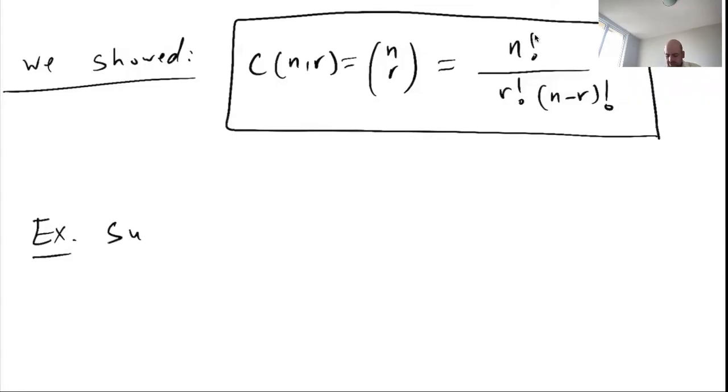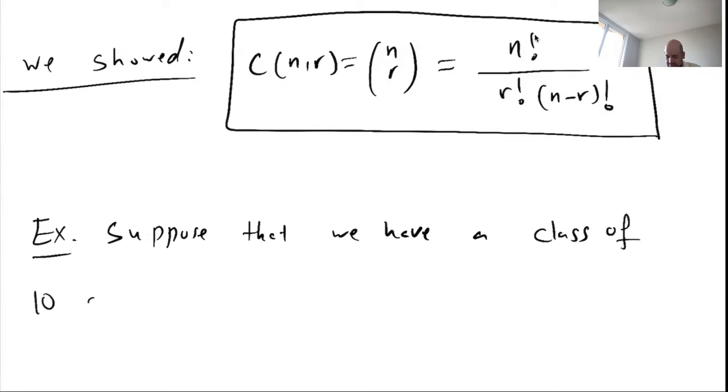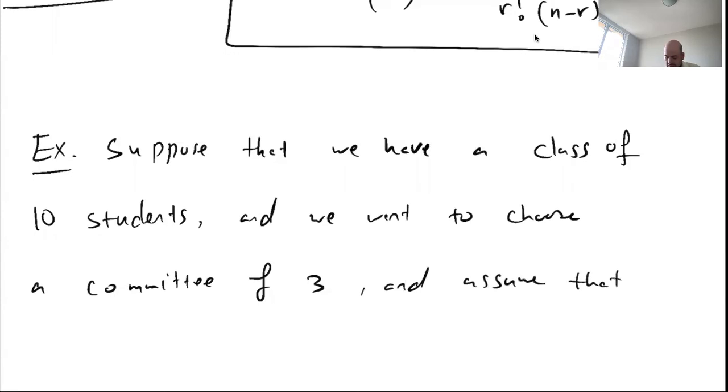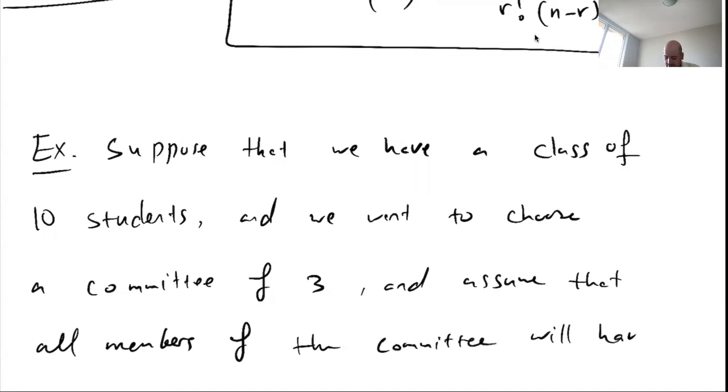So again, suppose that we have a class of 10 students, and we want to choose again a committee of 3, and assume that all members of the committee will have the same role.